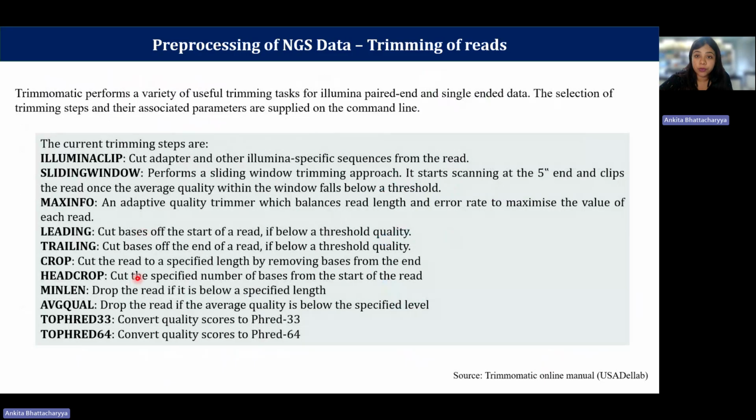There are a number of commands which need to be followed whenever you are running Trimmomatic: Illumina clip, sliding window, max info, leading, trailing, how many bases need to be cut from the leading end or the trailing end, what is the minimum length of the read that should be maintained, and whether at the time of trimming we should follow a certain threshold, such that if it is not met, that region should be trimmed off.